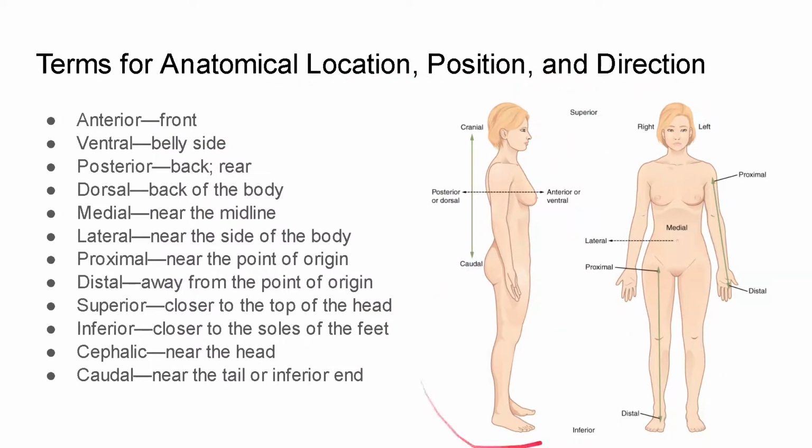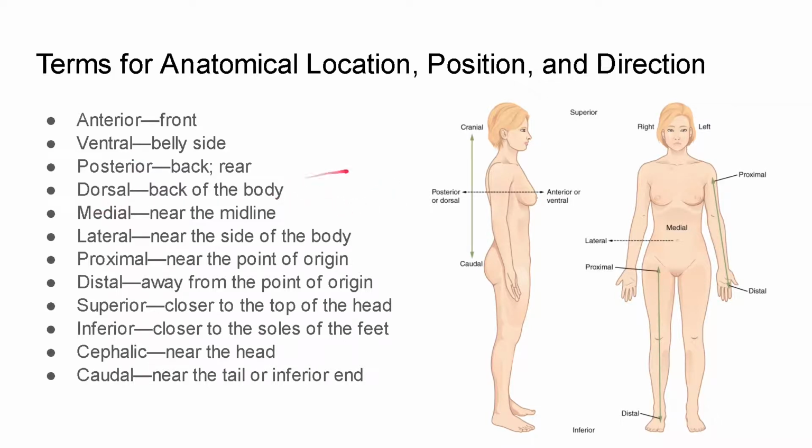So, terms for anatomical location and position. I really like this picture because it gives you a good view of all the anatomical location, position, and direction. Anterior is front, ventral is belly side, posterior is back or rear, dorsal is the back of the body. So anterior and ventral are the same thing, and posterior and dorsal are the same thing. You'll often hear dorsal and ventral said a lot more with animals than humans.